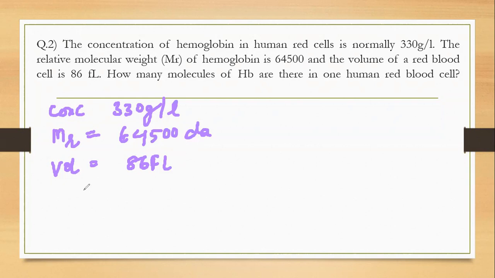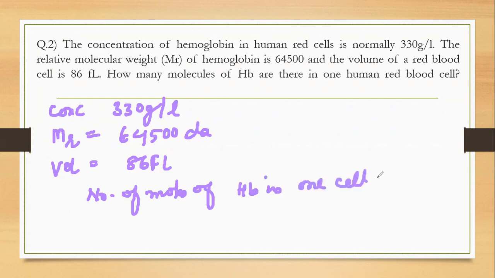If you know the formula, the number of moles of Hb in one cell is given by, you take the concentration, you take the concentration here, a little mistake happened.